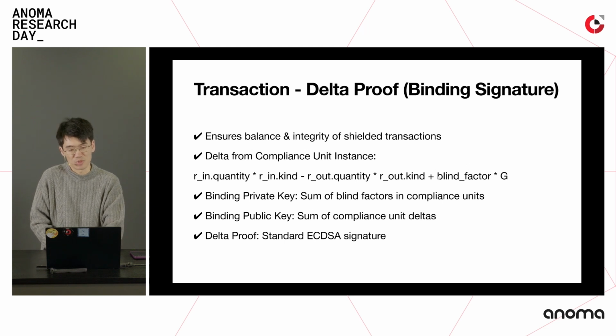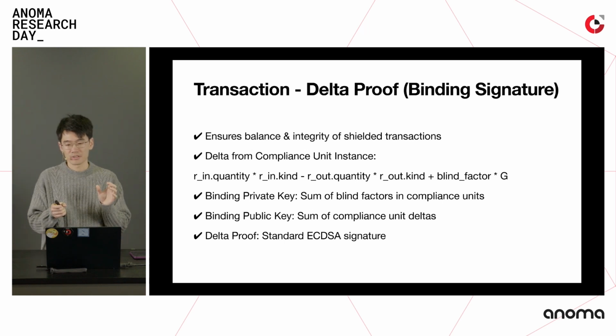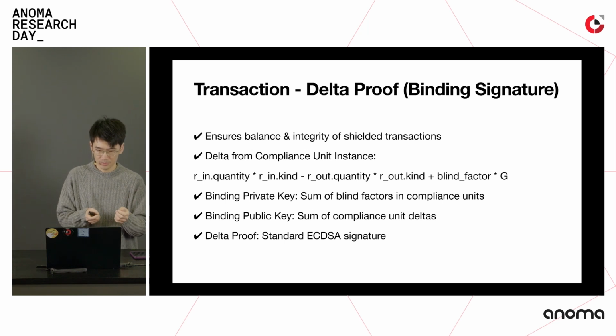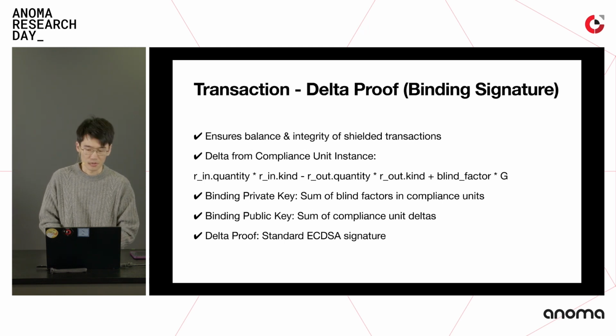It's a sum of these parts, and the private key would be the sum of the blind factors. It's exactly a key pair for signature, so we can create a standard ECDSA signature for the transaction. That explains why only a balanced transaction could have a data proof here.